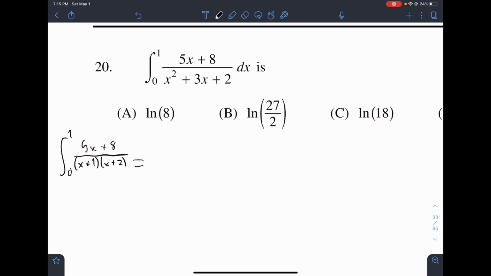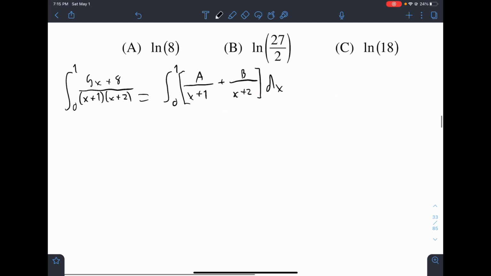So now we can write this as the integral from 0 to 1 of [a over x plus 1 plus b over x plus 2], dx. So now we'll multiply everything by x plus 1 times x plus 2.